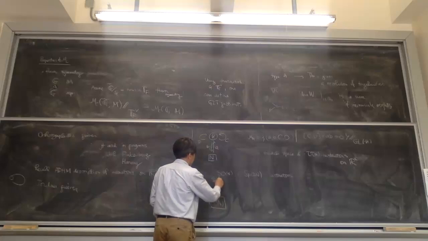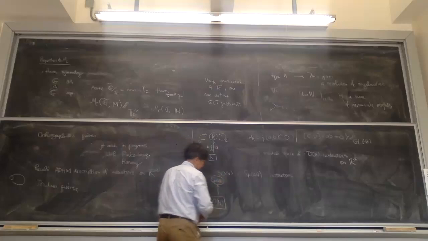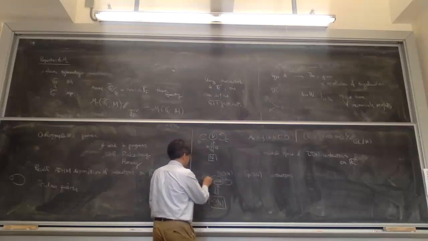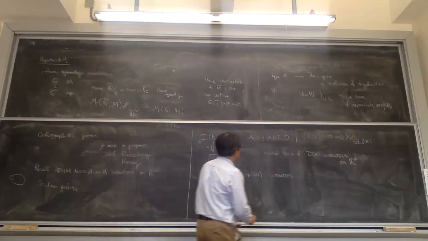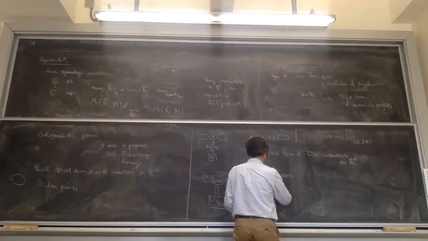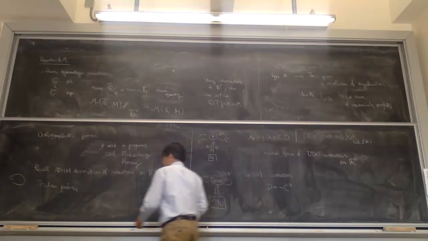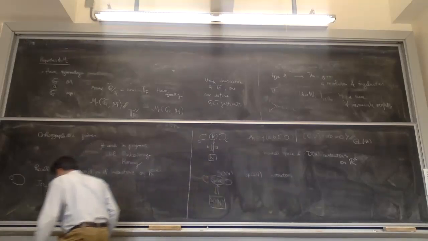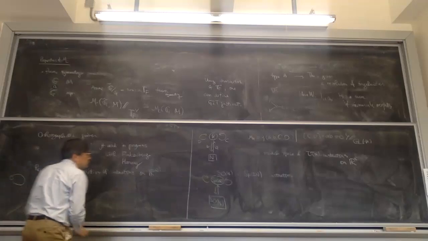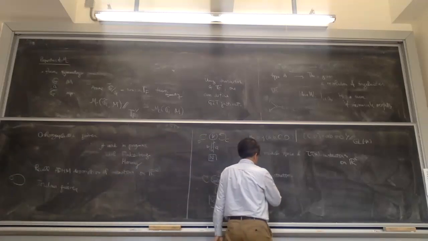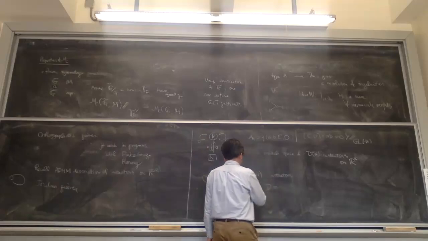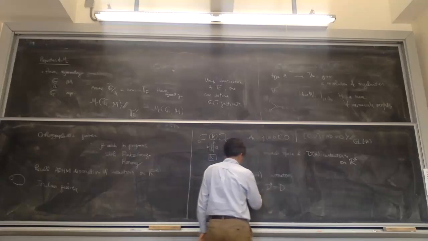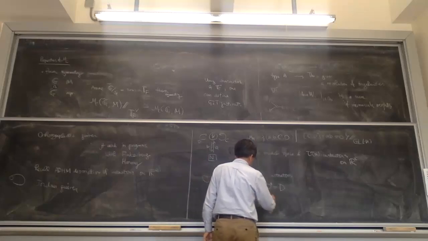And for Sp(2k), I have this one, and I impose the condition that C star is equal to C and D star is equal to D and B equal to minus C star.